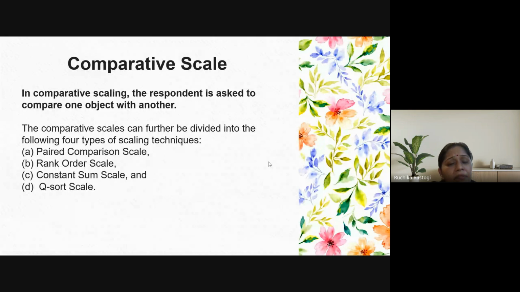The comparative scales can be easily divided into 4 kinds of scaling techniques, for example, paired comparison, rank order, constant sum, and Q sort. We will see one by one when to use and how to have the inference. How can we reach an inference from these particular scales?